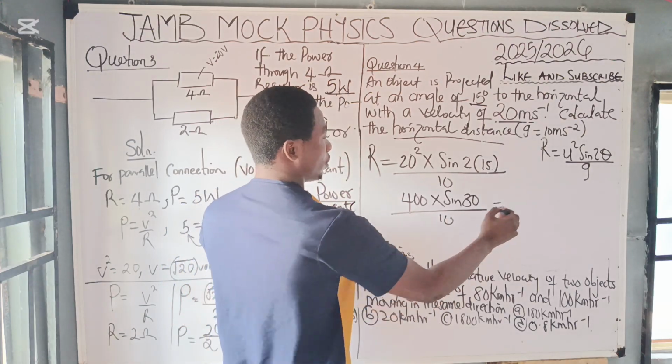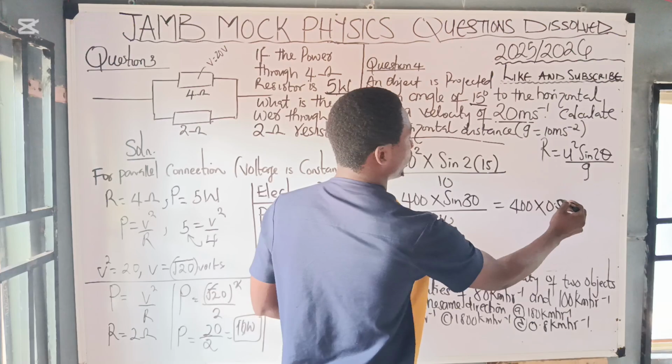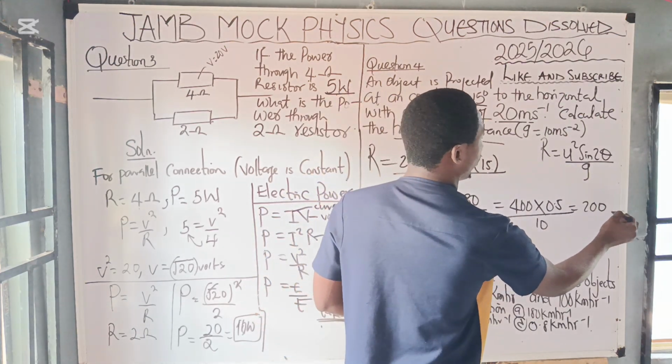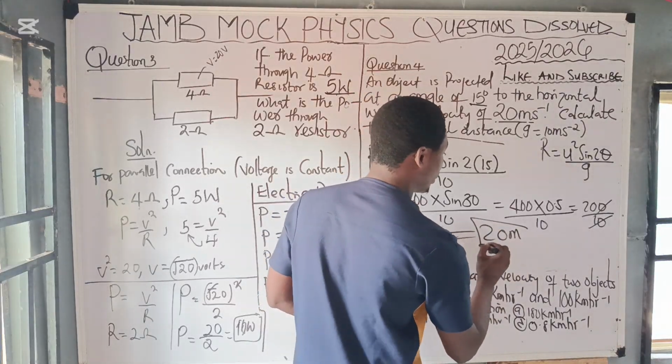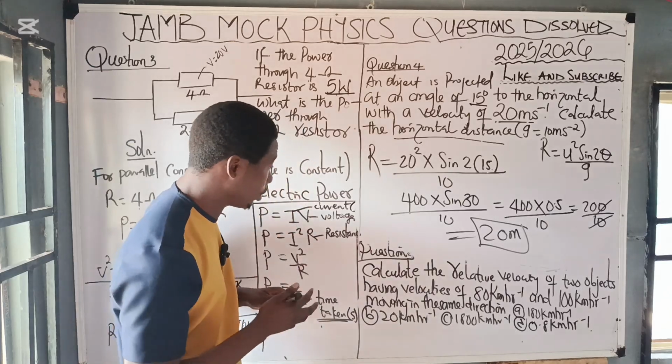So what would that give us? 400 times sine 30, which is 0.5, over 10. 400 times 0.5 will give us 200 over 10. This cancels this. Your horizontal range is equals to 20 meter. Now let's take the next question.